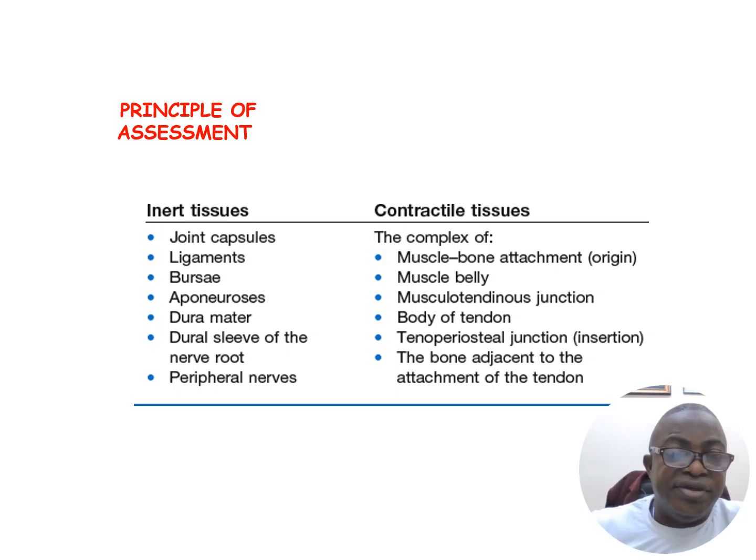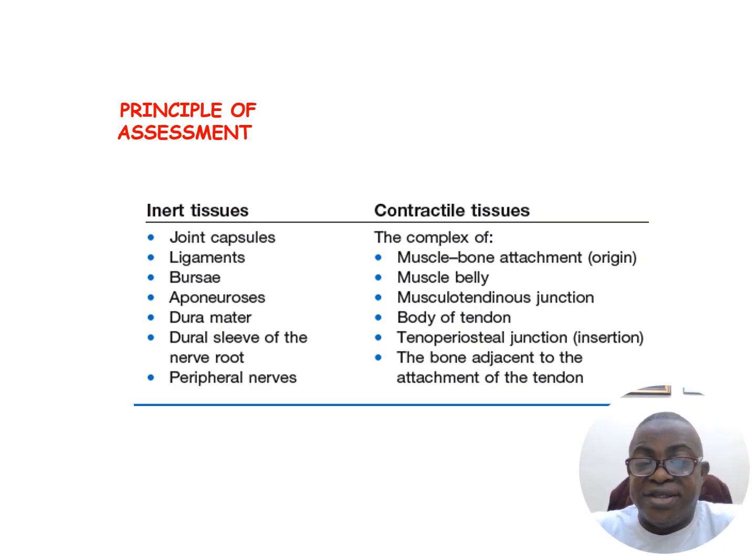Joint capsule, yes, that will be a non-contractile or inert structure because it cannot contract to generate tension. So also ligaments, bursae, sometimes they are classified as contractile, sometimes non-contractile.